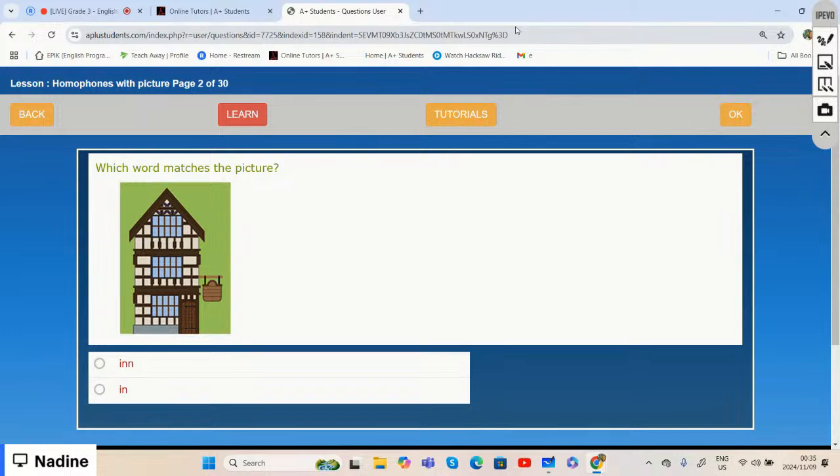If we look at this house where people stay, then that house, is it in as in I double N, or in as in I N? Which one is correct?